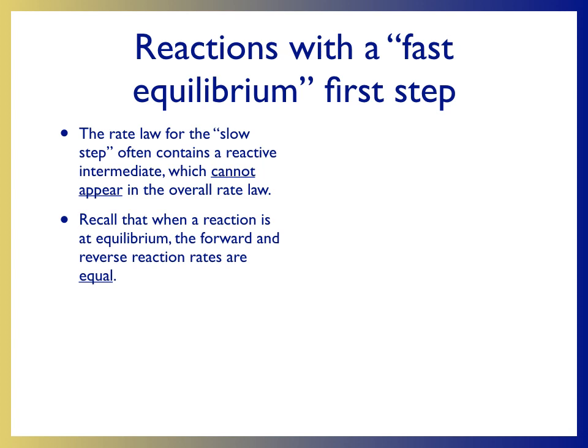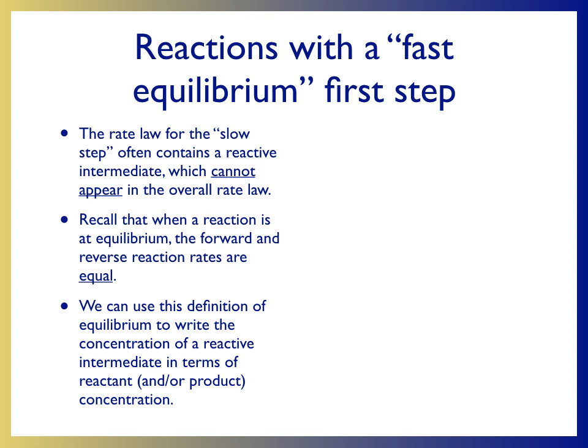We can use this, with a previous step that's a fast equilibrium step, to rewrite the concentration of a reactive intermediate in a form that includes just the concentrations of the reactants.